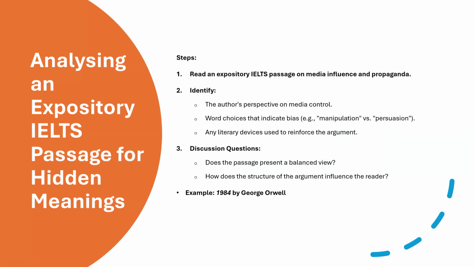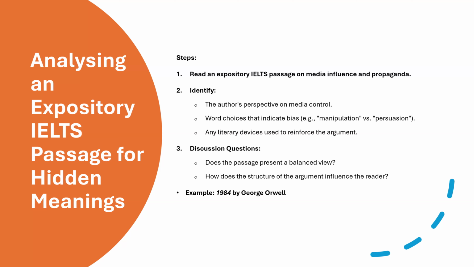When you read an expository passage on media influence and propaganda, you need to be able to identify the author's perspective on media control, the word choices, and the things that indicate bias, like manipulation versus persuasion, and any literary device that is used to enforce an argument.